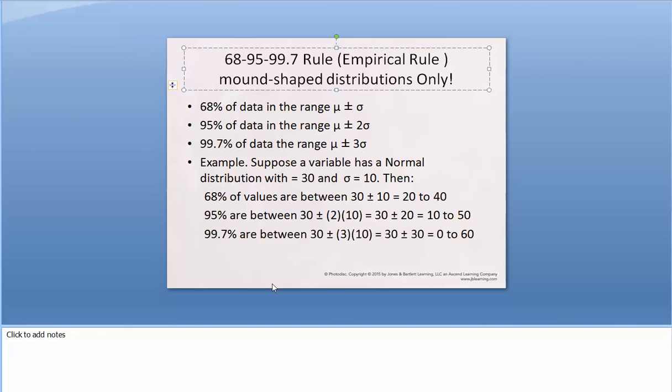The minimum value is approximately mu minus 3 sigma, and the maximum value is mu plus 3 sigma.